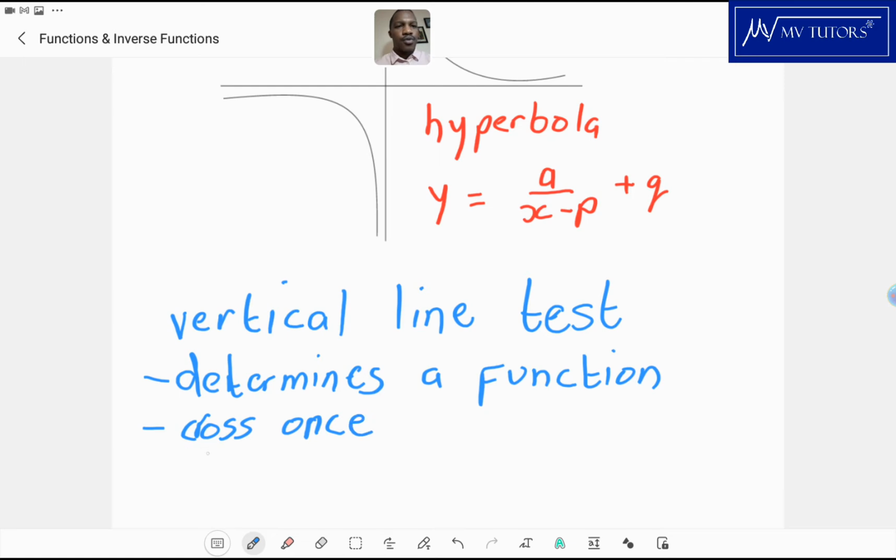Either you say cross once or cut once. Okay, it's cross once or cut once. So let's go ahead and apply a vertical line test. If it crosses the function once, then it is a function.